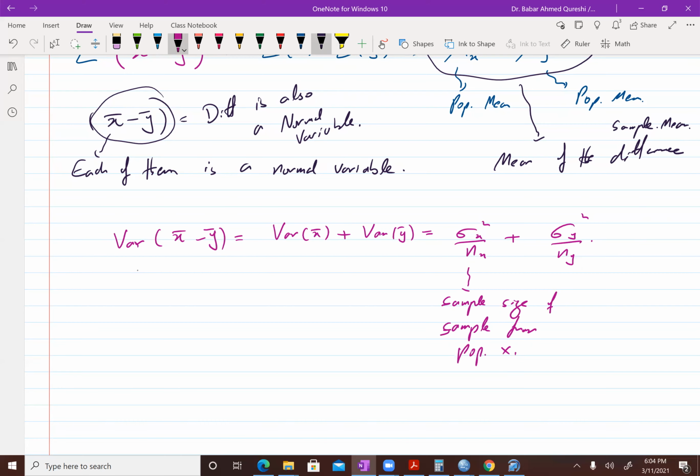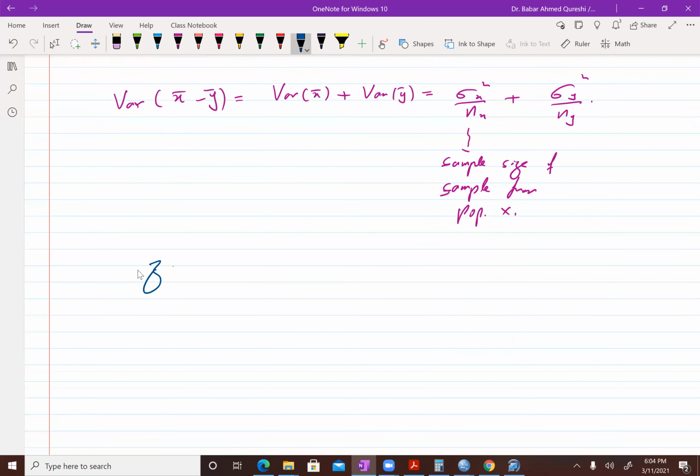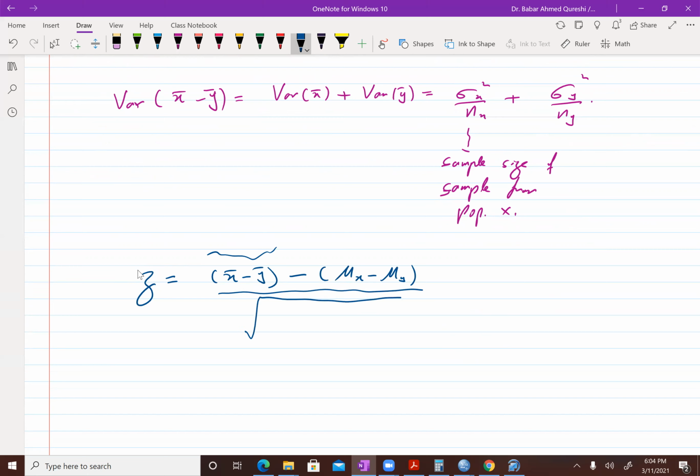So that means I can create this standard normal. Think of it as one single variable. That's how you compute the standard normal: take its average and subtract it, and over here you put in the standard deviation.